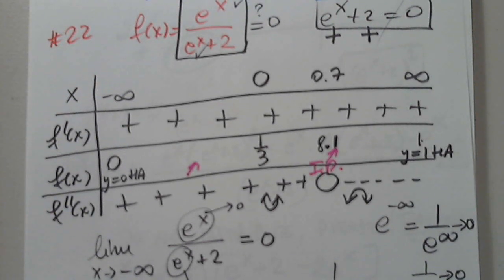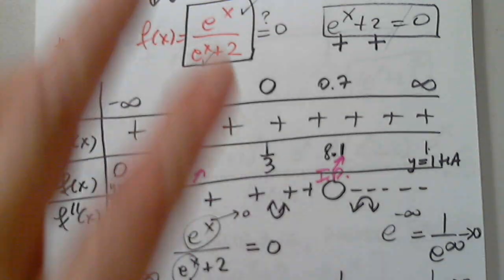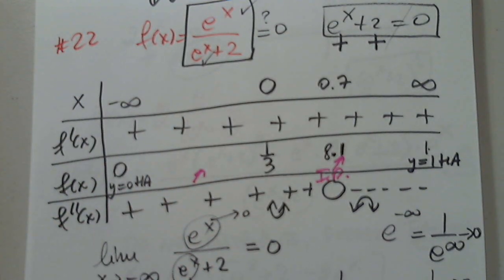Now if I ask what is the interval for which the function is concave upward, what will you say? The function is concave upward on which interval? Can anyone tell us, please?